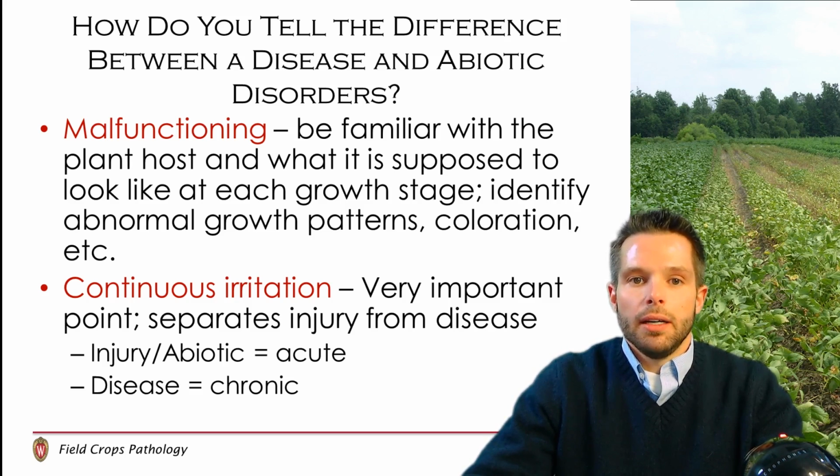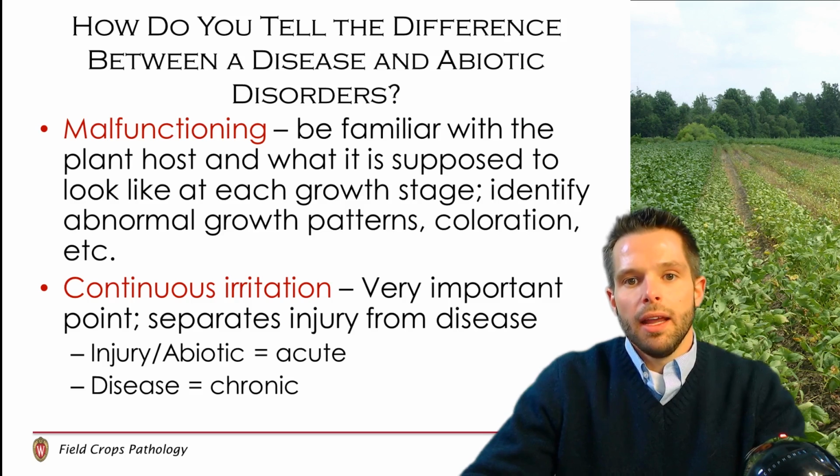The second key point here is this continuous irritation idea. This is very important because this is what separates injury from disease. Injury is an abiotic or non-biological cause of disease, and it often is acute. An example would be an off-target herbicide application that causes some injury to a plant, and there's really no progression of symptoms, when we're dealing with maybe a contact herbicide.